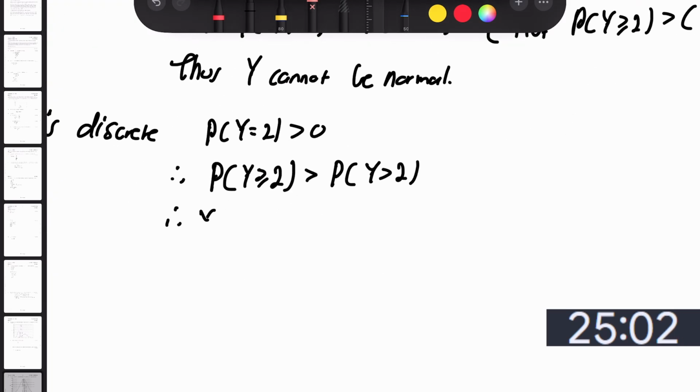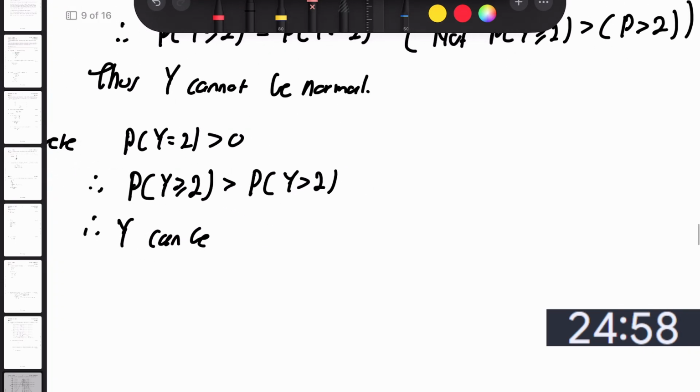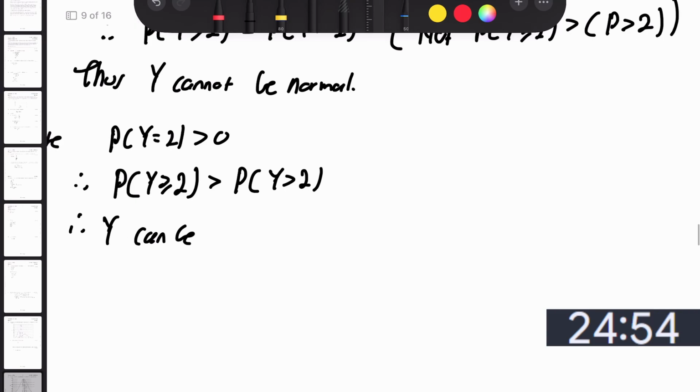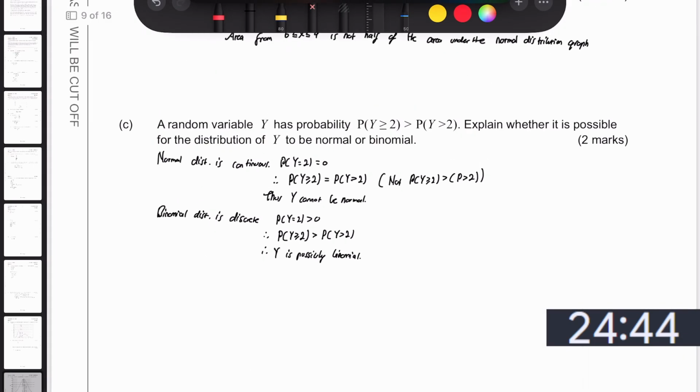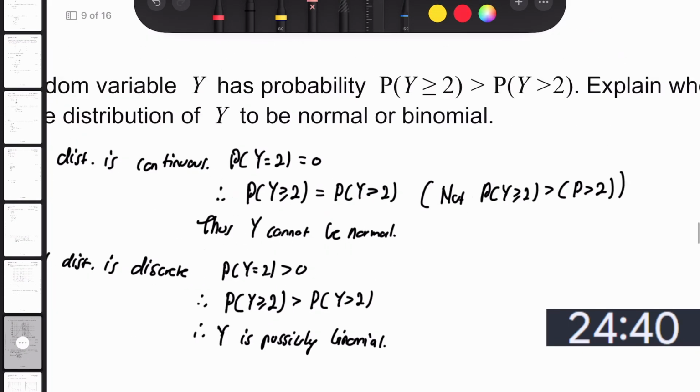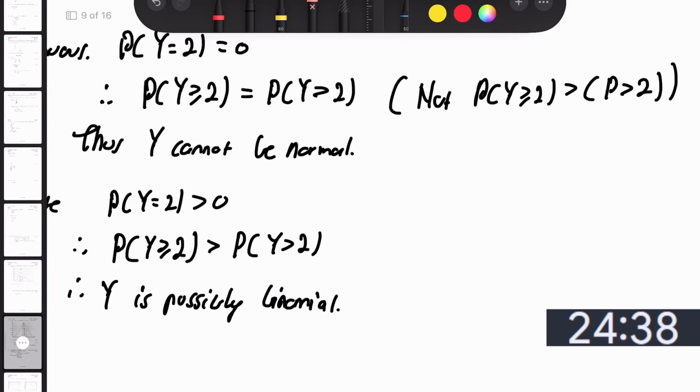Thus, therefore, y is possibly binomial. There you go.